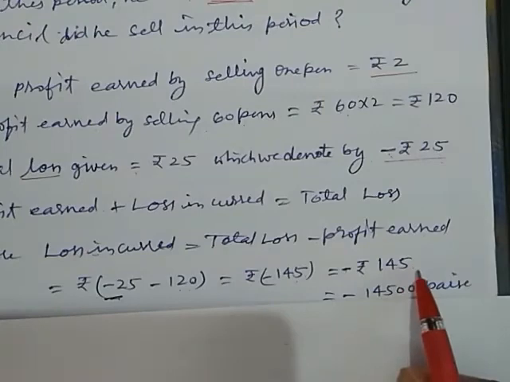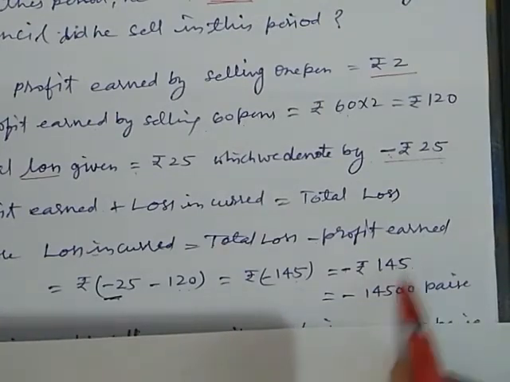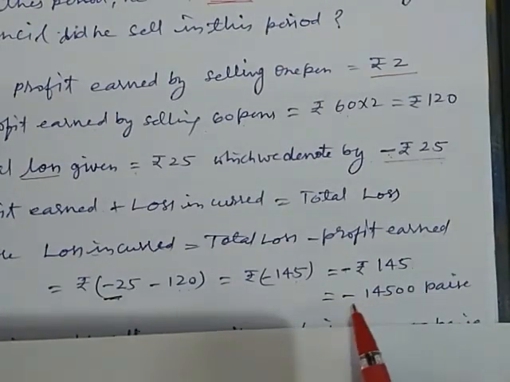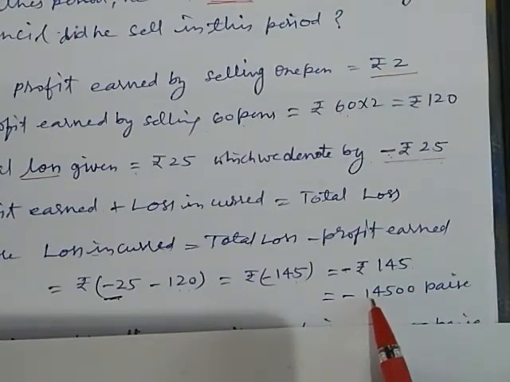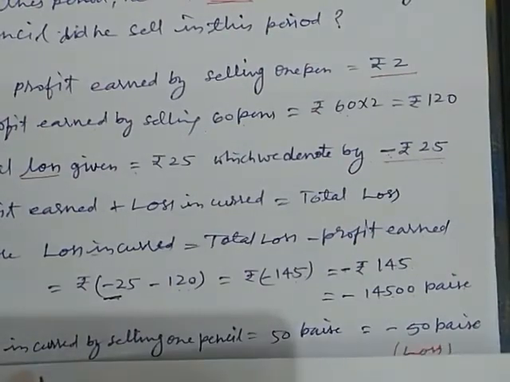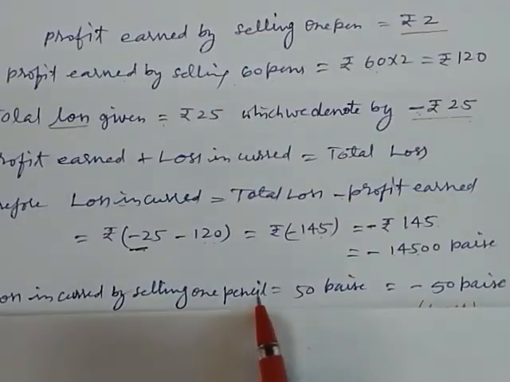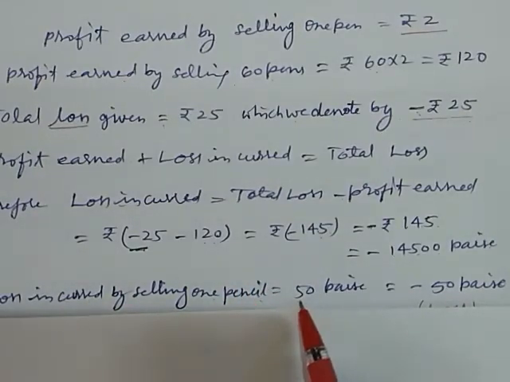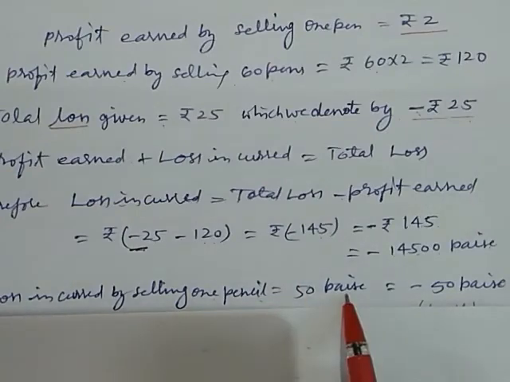Now convert this into paisa. 1 rupee has 100 paisa. So by multiplying this by 100, we get minus 14,500 paisa. This is the loss incurred by selling pencils. Now we have to find the loss incurred by selling one pencil, which has a loss of 50 paisa.